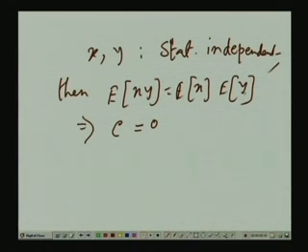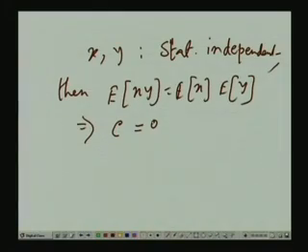But if x and y are two random variables which are uncorrelated, then it does not necessarily mean that x and y are statistically independent. That is, the joint density of x and y, p x y, is not in general a product of p of x and p of y. But for a particular class of random variables, mostly the Gaussian random variables, that is when x and y are jointly Gaussian, then statistical independence means uncorrelatedness as before, but also uncorrelatedness means statistical independence, that you can see.